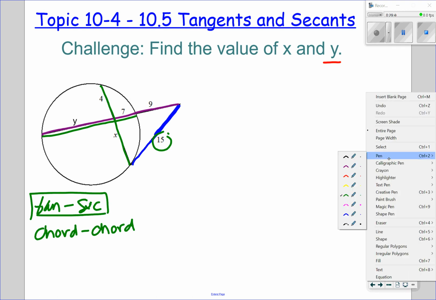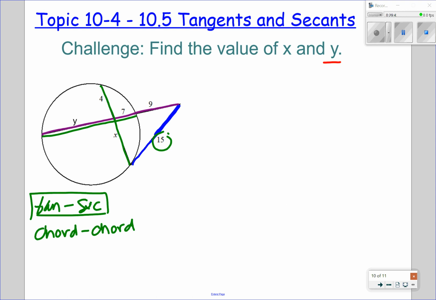And if you remember from what we did today, that would be tangent squared equals whole secant times the outside piece of the secant. All right, so our tangent squared. So we do 15 squared.